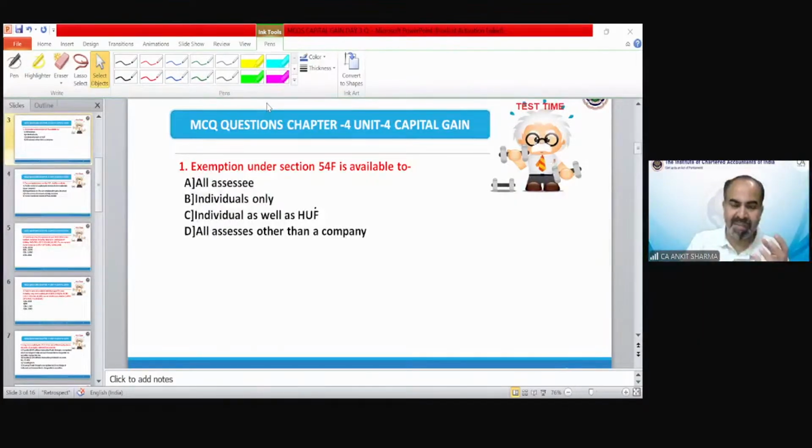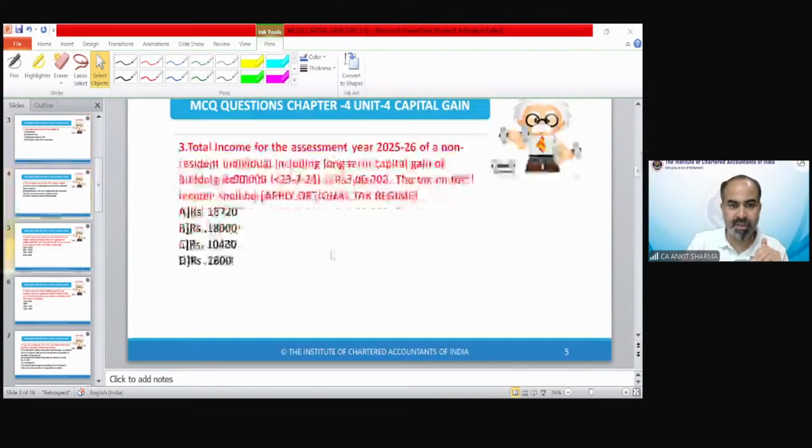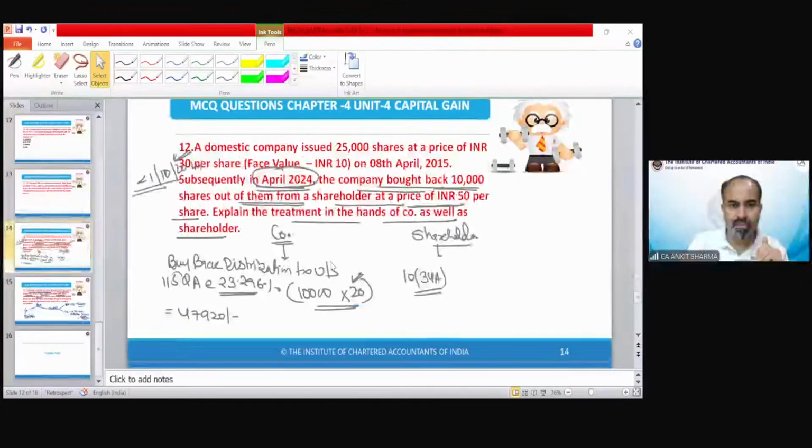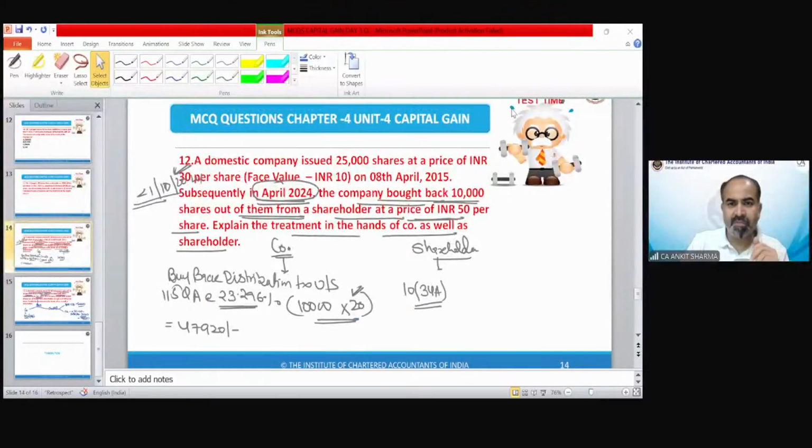Ishan, the gain amount, the company has purchased those shares. Let me show you again. In question number 12, the company issues those shares at 30 rupees per share. Clear? And bought back at 50 rupees per share.